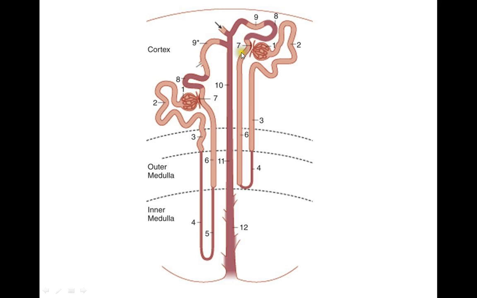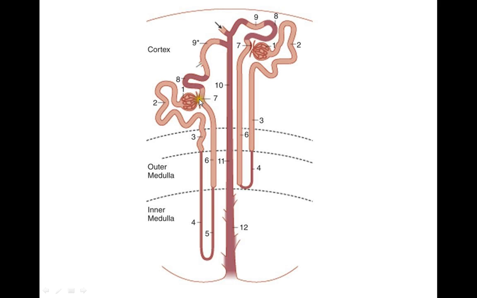It is because this part of the segment has a special type of cells known as macula densa cells. So, macula densa cells are located in this part of the tubules.